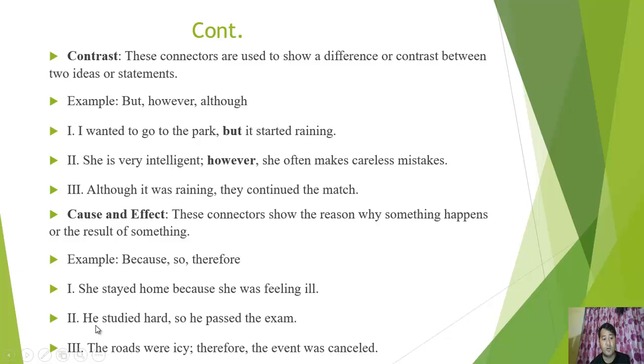And number two, he studied hard, so he passed the exam. So is used here in order to explain why he passed the exam, because he studied hard, so he passed the exam. The roads were icy, therefore the event was cancelled. Now, how is therefore used here?